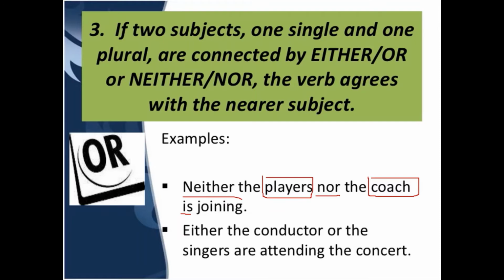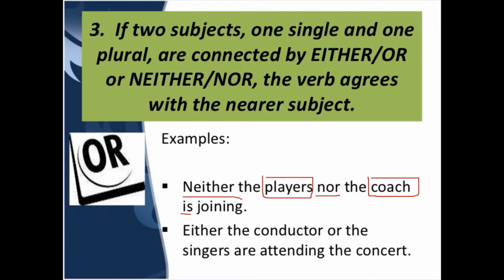The noun coach. Since coach is singular, then the verb must be singular. So in other words, the nearer subject is singular. That's why the verb used in this sentence is is.